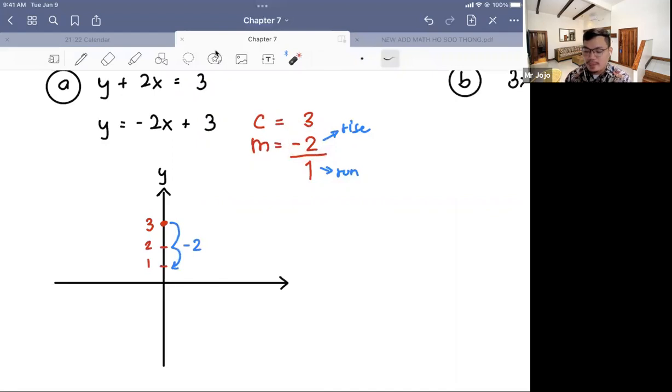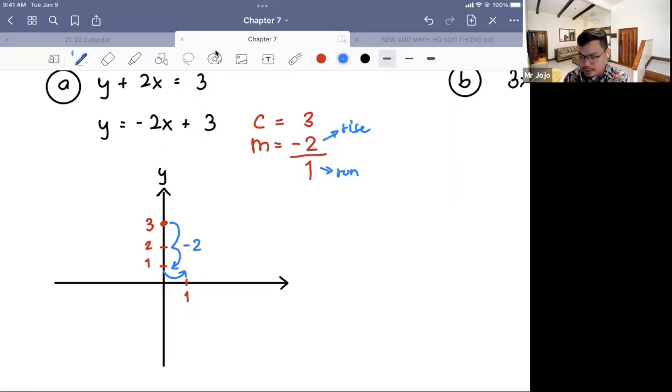So we are currently right here, right? And then again, the number here tells you whether you need to go left or right. Since this is +1, that means we need to go 1 step to the right. So from here, you go 1 step to the right.